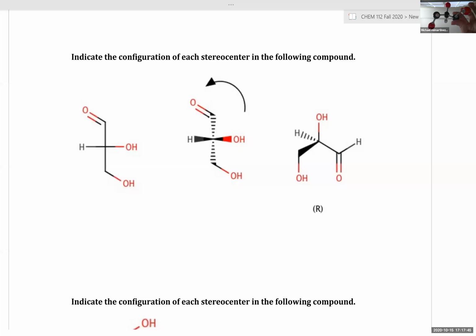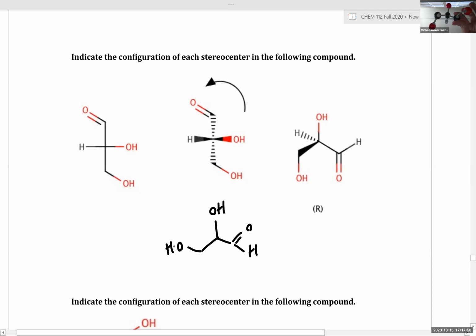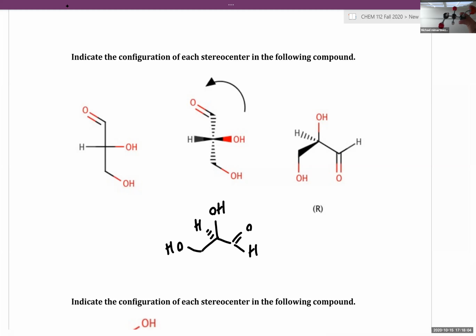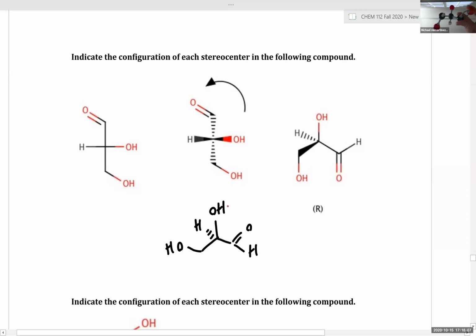So in this case, we're going to draw our alcohol pointing up, our aldehyde on the right, and our methylene group with our alcohol on the left. So now that we have this established, we can assign priority just like normal. The alcohol is priority 1, the aldehyde is priority 2, and the methylene group is priority 3. Tracing from highest to lowest priority, we'd assign this stereocenter as R.